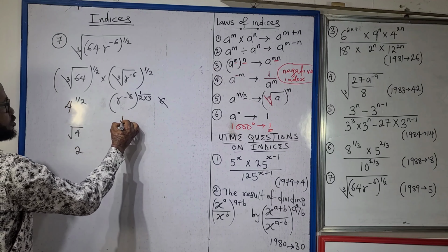So moving forward, we were told to simplify this. This is 1990 question 11. Ordinarily this should mean 1 divided by 1 over x, divided by 1 divided by 1 over y, everything raised to power minus 1.